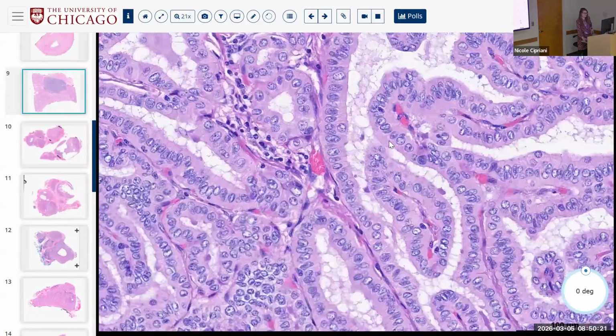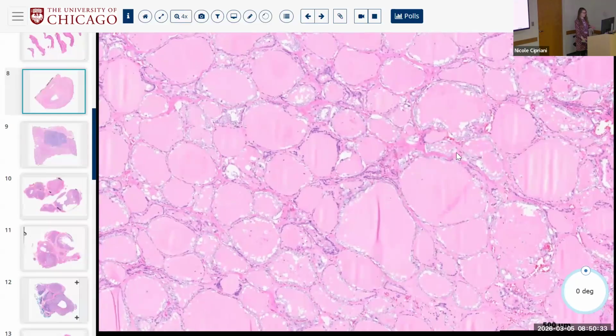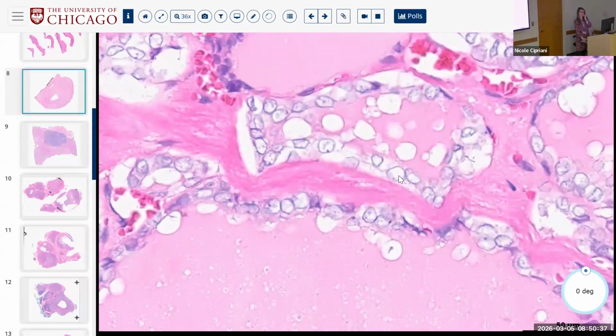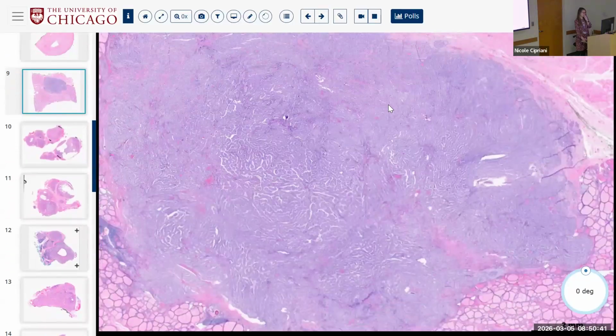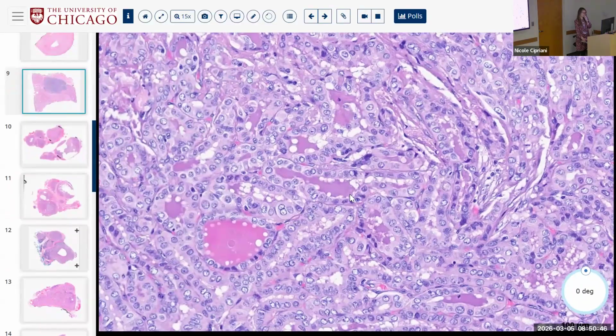And you'll notice abundant, thick, dense cytoplasm. The PTCs in the two prior follicular pattern cases didn't really have that same cytoplasm, so it's not always there. But if it is there, like in this case, it can certainly be helpful.